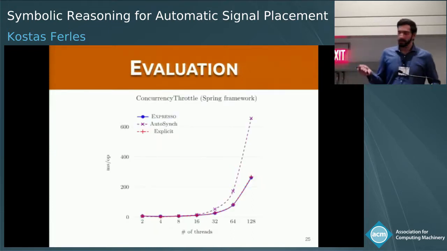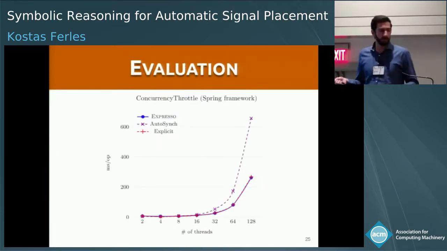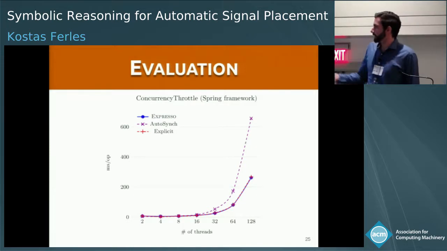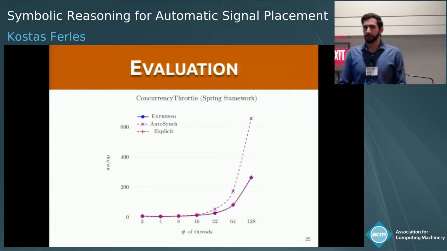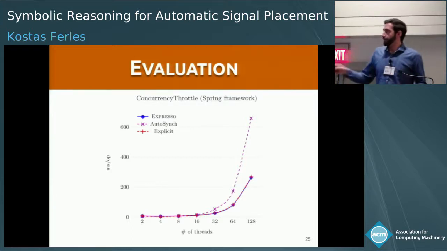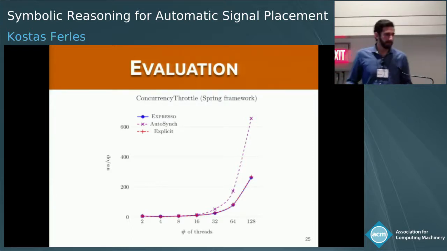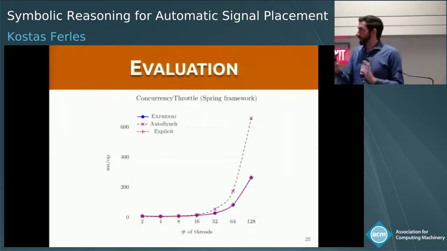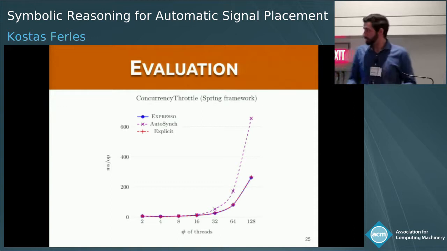Here we can see the results for a single monitor taken from the Spring Framework. As you can see here, on the x-axis we have the number of threads currently executing inside the monitor, and on the y-axis we have the milliseconds for each monitor operation.